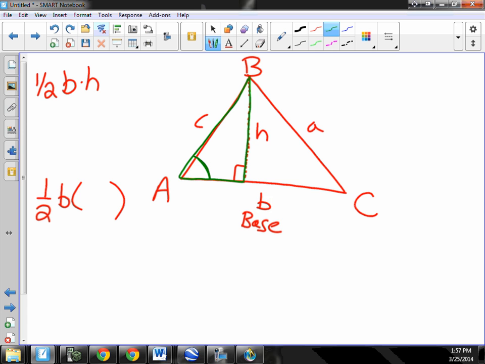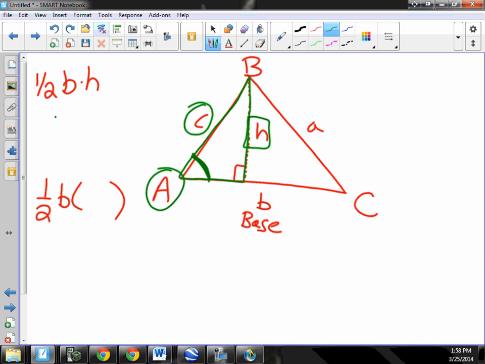So if I call a theta, c is a known side, how would I calculate h? And I have to use angle A. It's not inverse. We're not looking for A, we're looking for h.